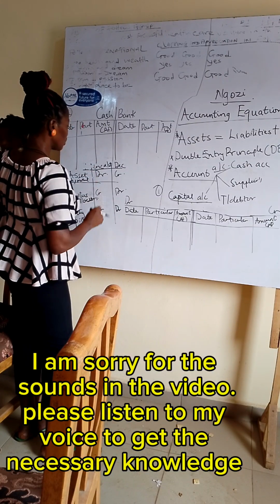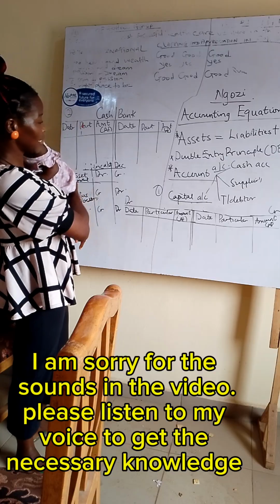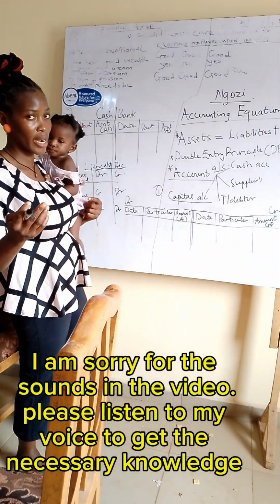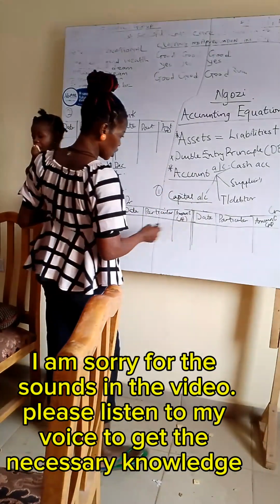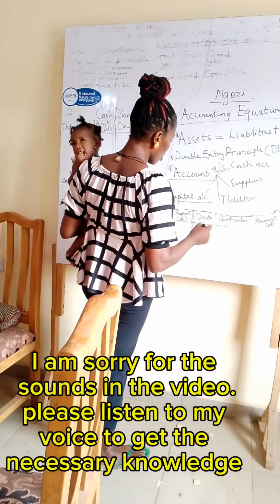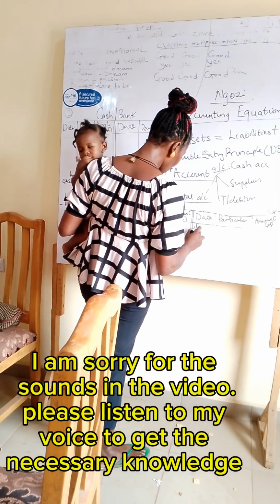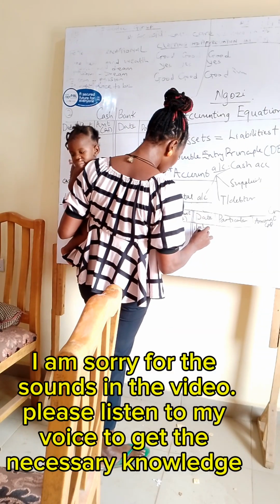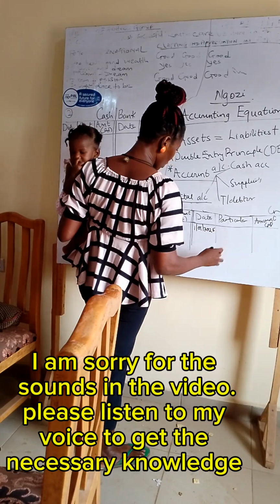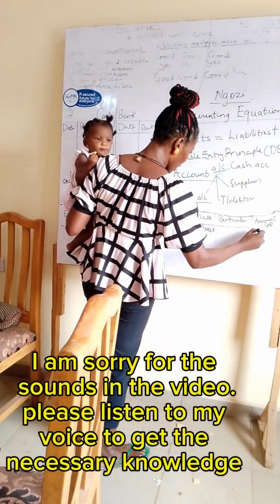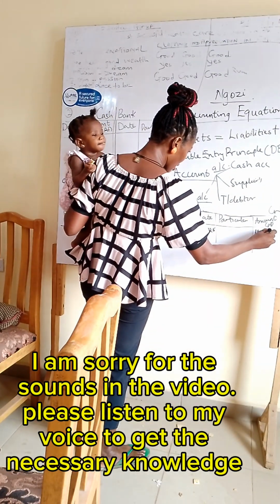Yeah. So we are told that we are getting 100,000 naira to start the business. So the money comes in, let's say, on the 1st of January 2025, okay, the amount is 100,000 naira.